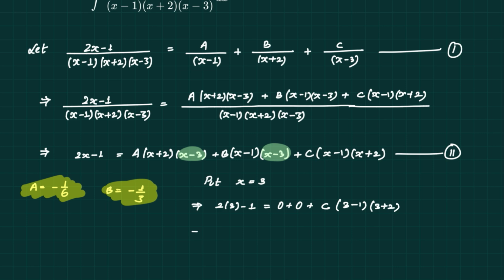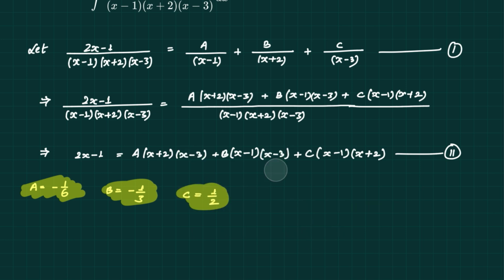So this will give 5 equals 10c. So this implies c equals 1 by 2. Now since we got the values of a, b and c, we put back these values in equation 1.